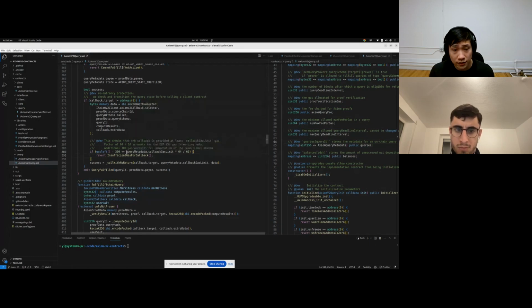So we ensure that we're respecting the callback gas limit, and if we don't have enough gas left, we'll revert. And we call using this custom call with no return function, which uses assembly to adapt from excessively safe call.